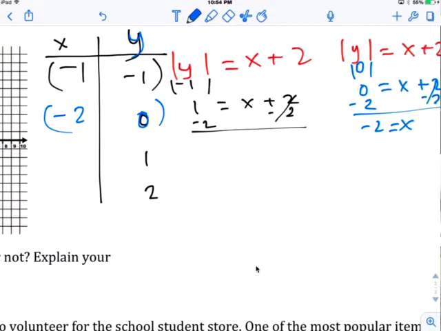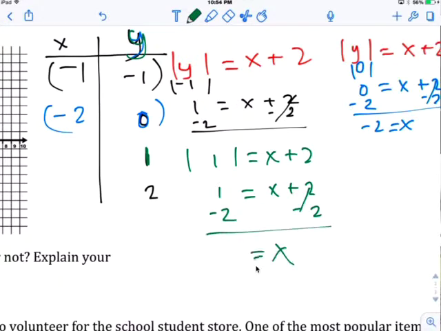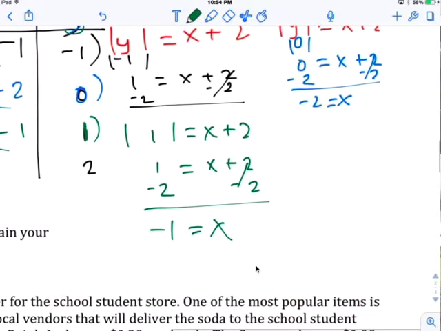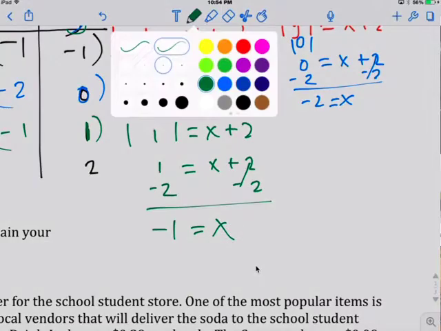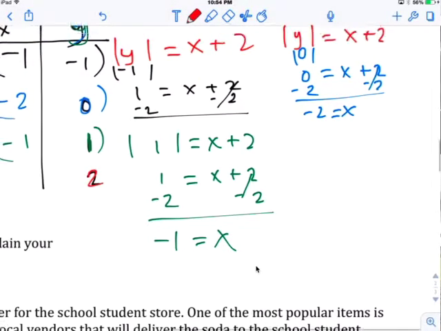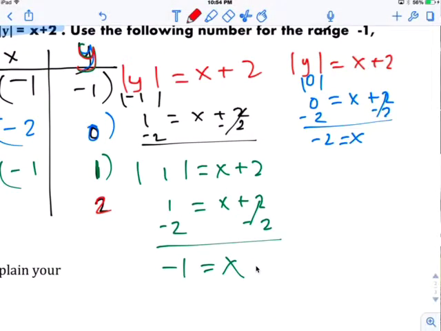Our next problem is y is 1. So the absolute value of 1 equals x plus 2. Absolute value of 1 is 1 equals x plus 2, minus 2, minus 2. X equals -1. Okay, and our last one, y is now 2.